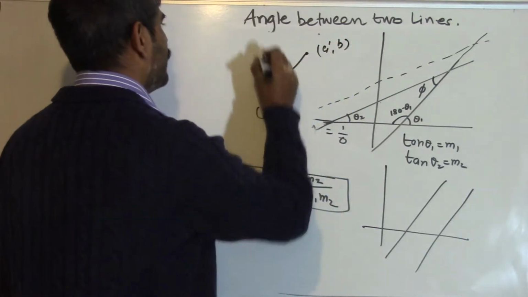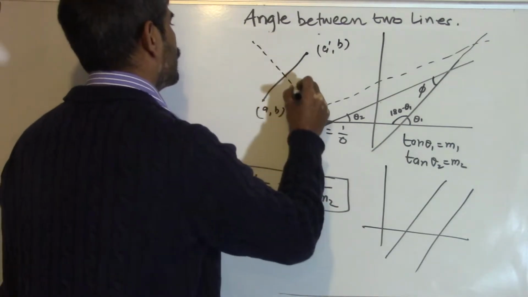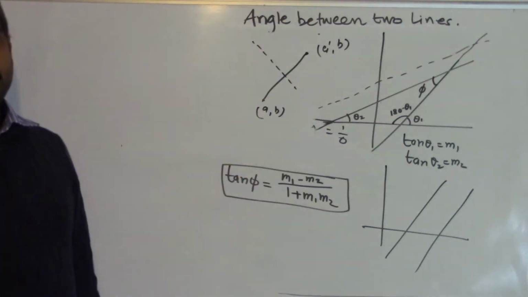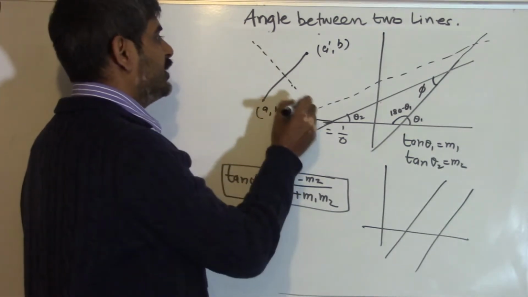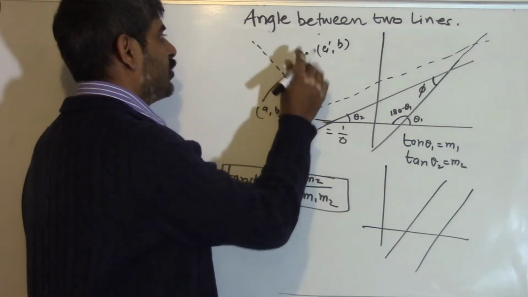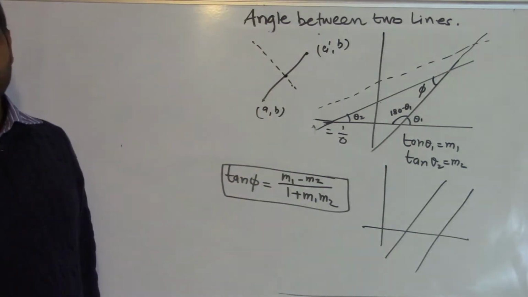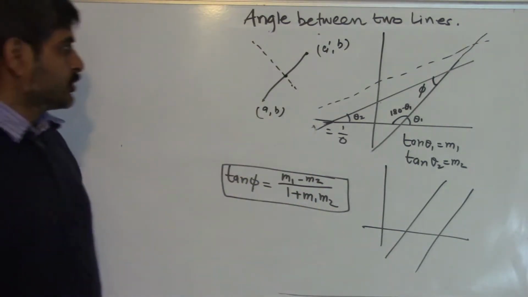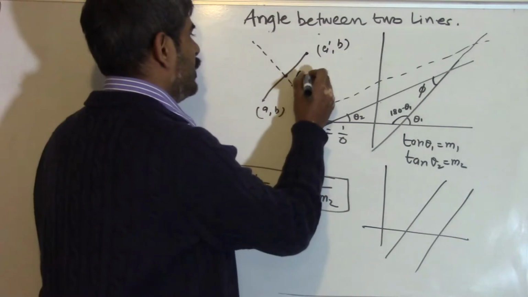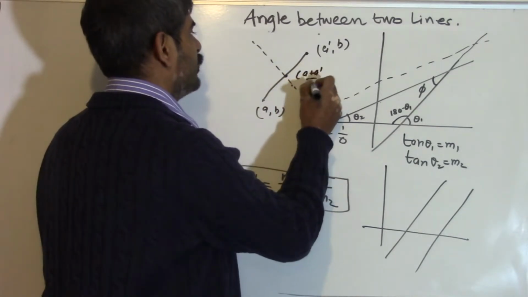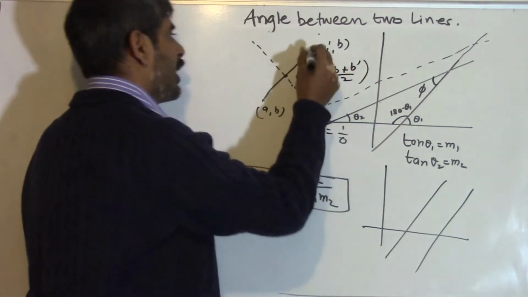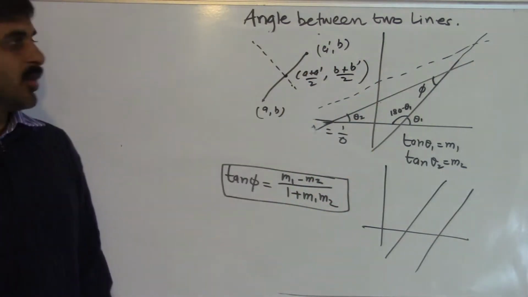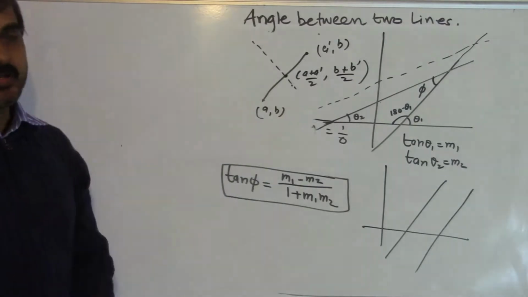Join these 2 points, find the equation of this line, and this line is such that it is perpendicular to this line and passes through the middle point of this. So the middle point of this is ((A plus A dash) by 2, (B plus B dash) by 2). And we first need to find out what is the gradient of this line.